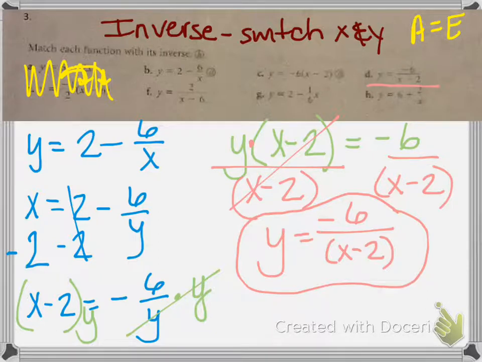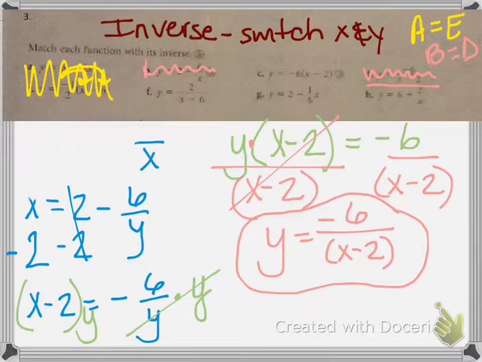Fits in with D, negative 6, x minus 2. Parentheses or no parentheses, it's the same thing. So we have B equals D. There's another match. Awesome. All right, 2 down, so B is out and D is out. 2 down, 2 to go.